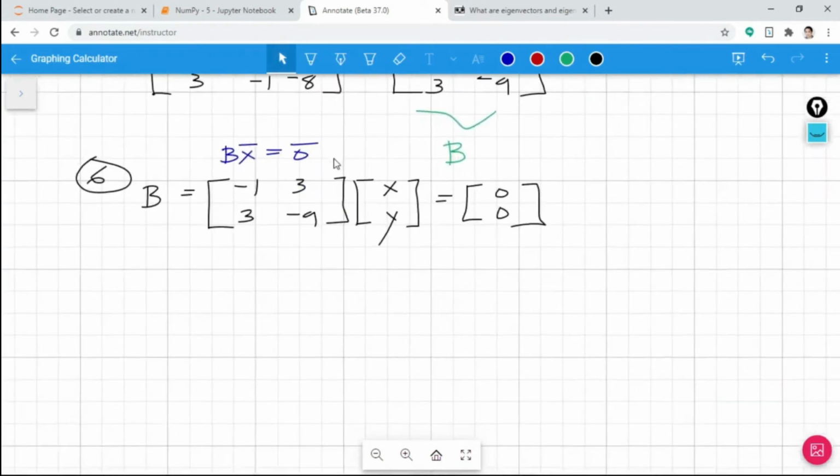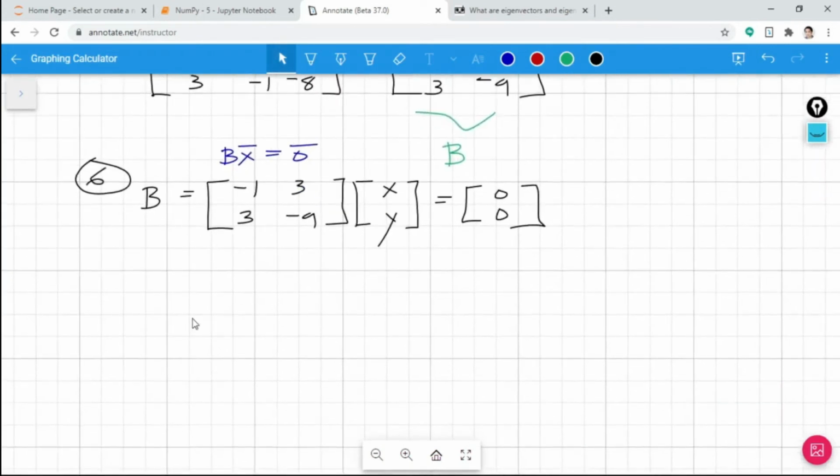Or we can use substitution. So if you distribute this one, negative 1 times x is negative x, so plus 3y is equivalent to 0. Okay. So the other equation is 3x minus 9y. Okay. So 3x minus 9y is equivalent to 0.